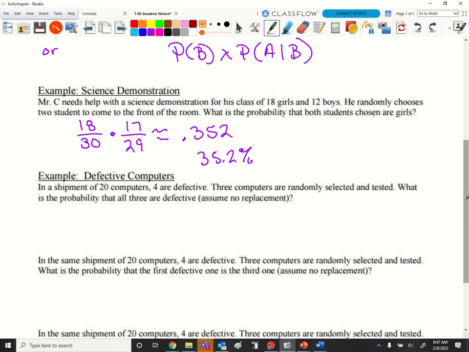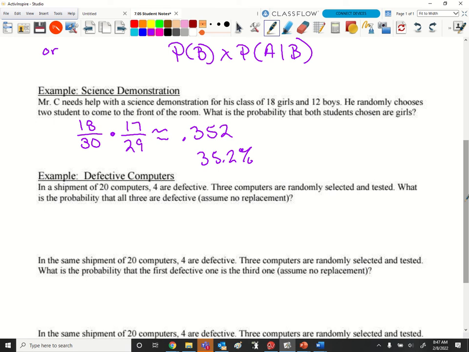A shipment of 20 computers, 4 defective. 3 computers are randomly selected and tested. What's the probability that all 3 are defective? Assume no replacement. So what does that mean, no replacement? Can't replace it.